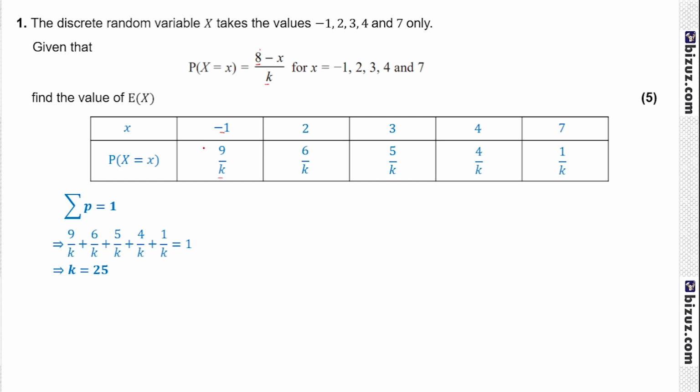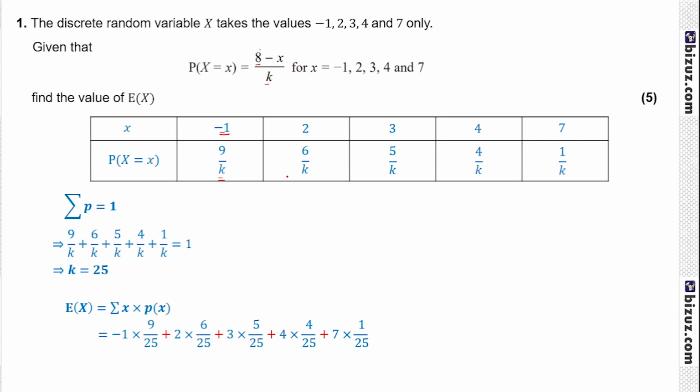Now, since k is known, we can actually find the expected value of x. The formula for that, this is how I like to remember it: you multiply each x with the corresponding probability in each column, and then you just add all of those up. That's what we did here. So -1 into 9 by k, well, the k is 25. Now all of these probabilities are known.